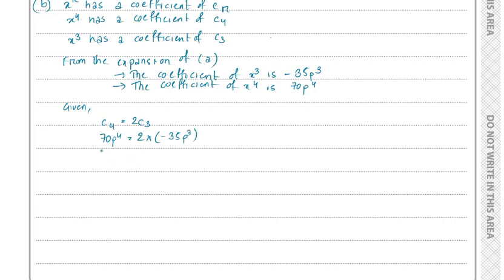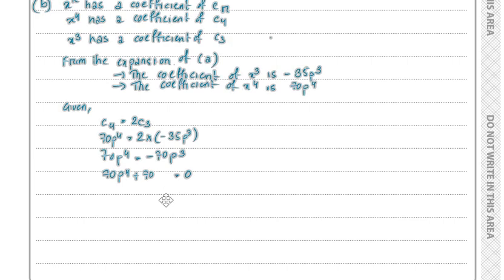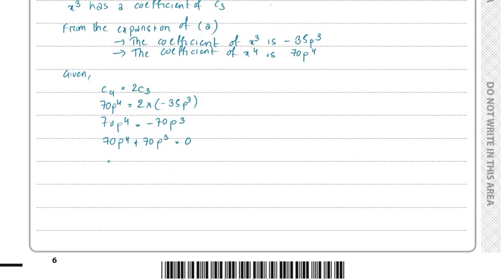So if you do this, 70p^4 equals minus 70p^3. If I bring this to this side, 70p^4 plus 70p^3 equals 0.